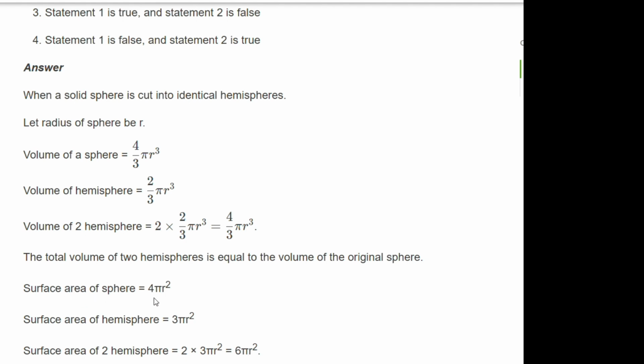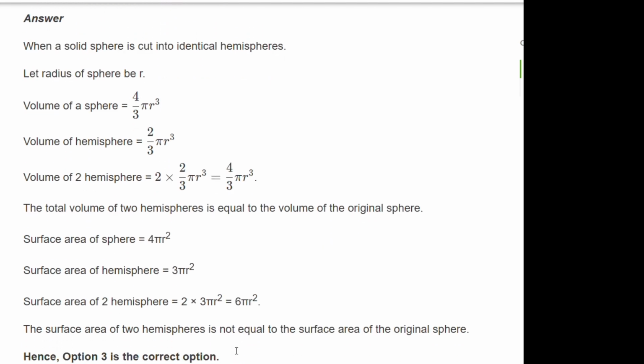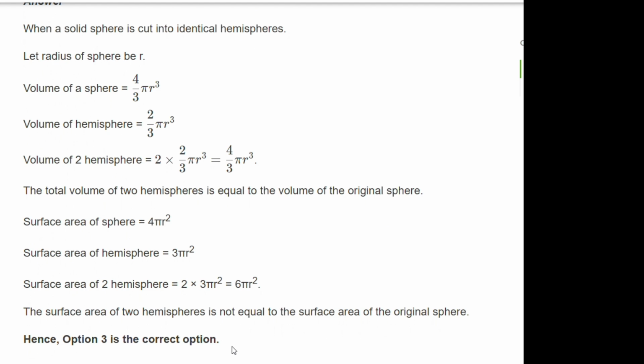The surface area of the sphere is 4 pi r square and of two hemispheres is 6 pi r square. So both are not equal, so this is false. The second one is false and the first one is true.